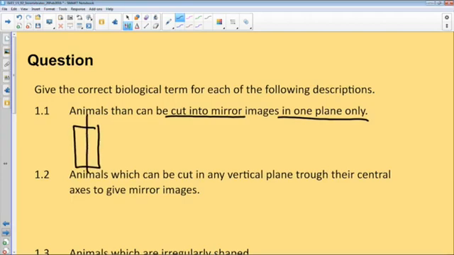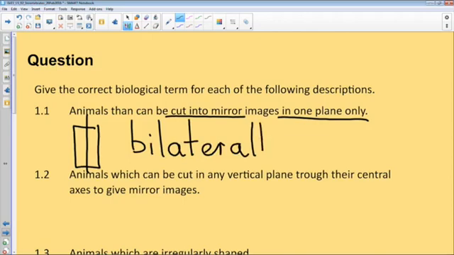We discussed this as our first example, and these are organisms that are bilaterally symmetrical. So organisms that have one plane in which they can be cut into two equal or mirror images, we refer to as bilaterally symmetrical.